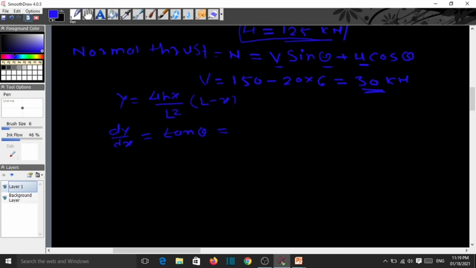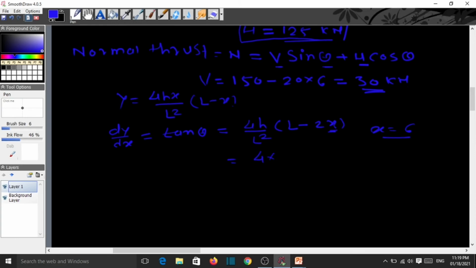So that is equal to 4h by L square into L minus 2x. Now x is where we want the radial shear and normal thrust. So here x is equal to 6.